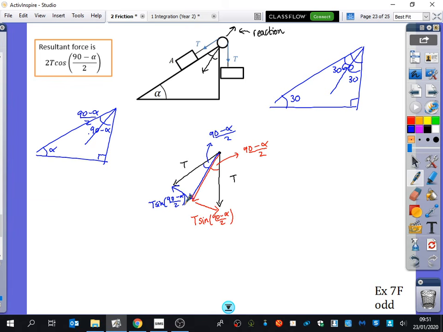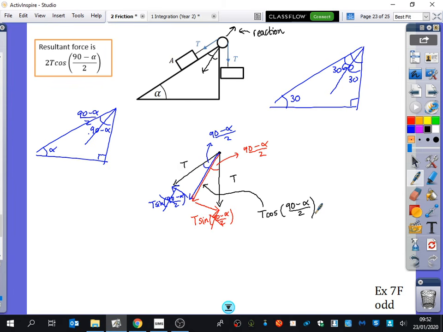But they're going to cancel each other out, aren't they? Because they're exactly the same size. They're T sine 90 minus alpha over 2, and they're going in opposite directions to each other. So I don't care about these. They've got nothing to do with me finding out the size of what I have here. But these ones, and this is where my diagram is getting a little bit complicated, one of those arrows is T cos, because it's running adjacent to the angle, 90 minus alpha over 2.